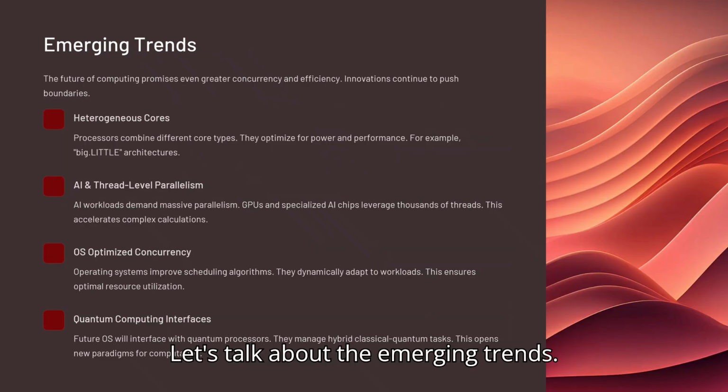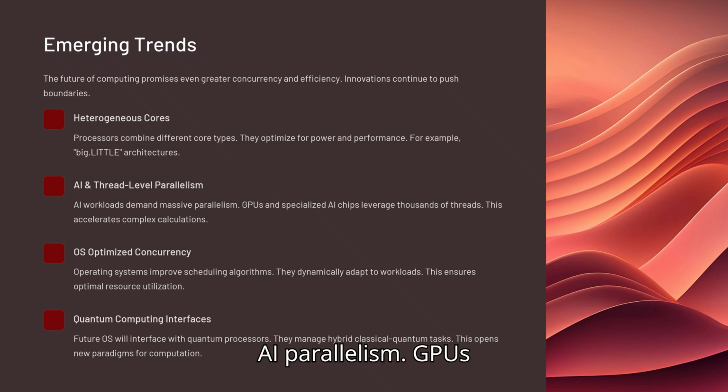Let's talk about the emerging trends. Where are we headed? Heterogeneous cores. Devices like smartphones use both powerful and power-saving cores to balance performance and battery. AI parallelism. GPUs run thousands of threads to power AI models like ChatGPT.